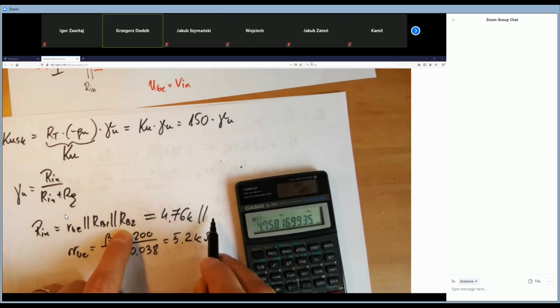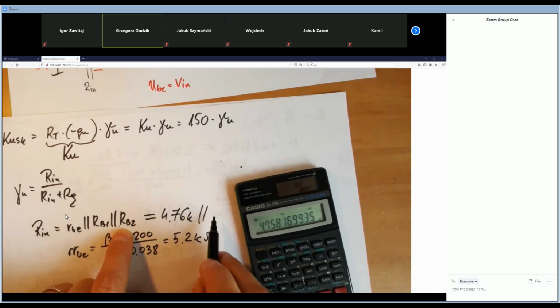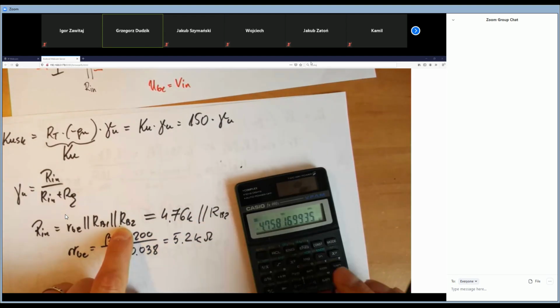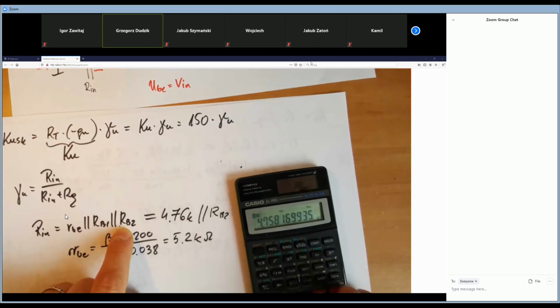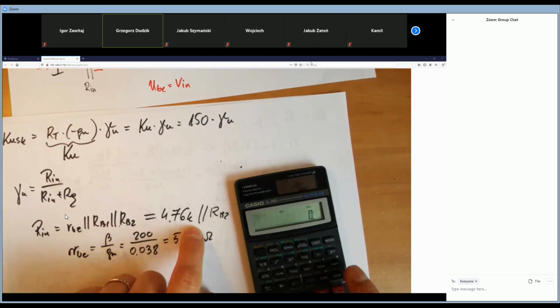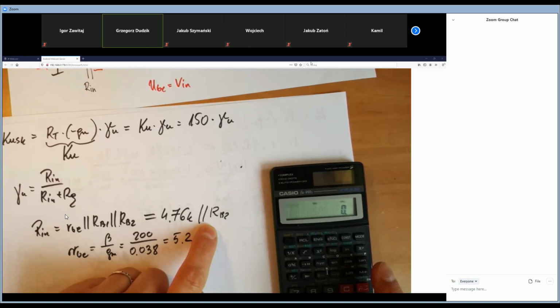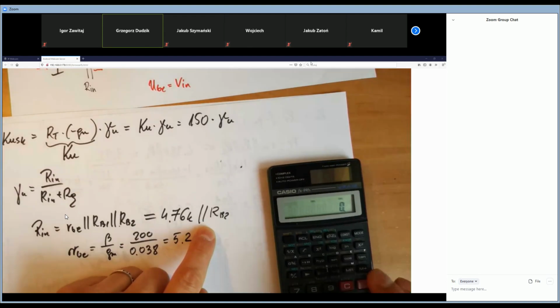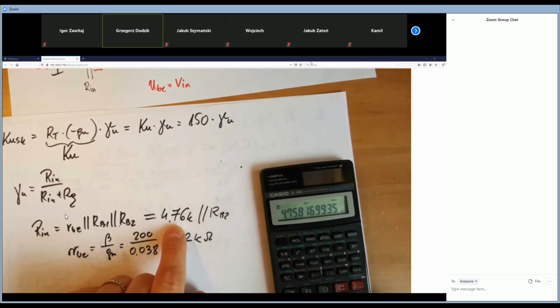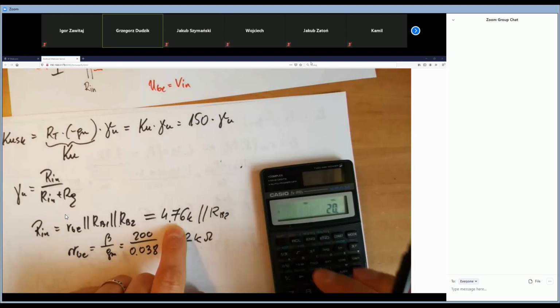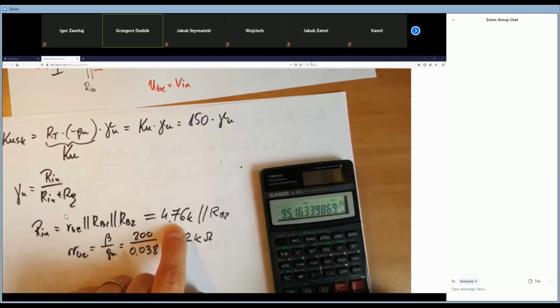Then we have to calculate the parallel connection with the RB2. Okay, I'm just storing it. The RB2 is 20 kilos. So this one times 20 kilos divided by this one plus 20 kilos.